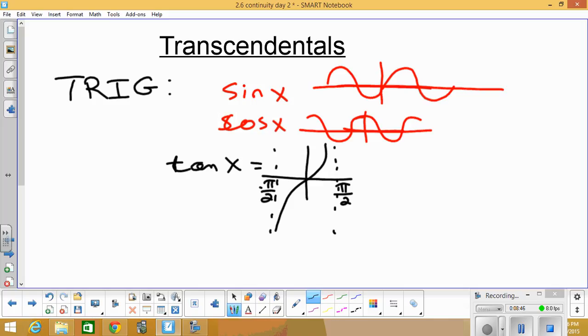But for its domain, it is continuous on all values of a for its domain. So domains could be from positive pi over 2 or -pi/2, or multiples, or remember it was for all values except odd n times pi. There's another way of notating it that I'll get back to later.